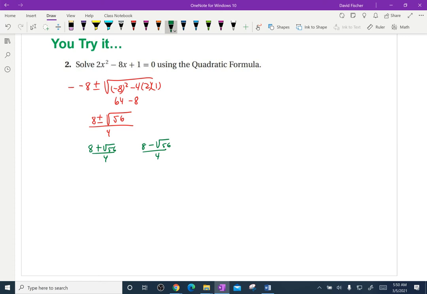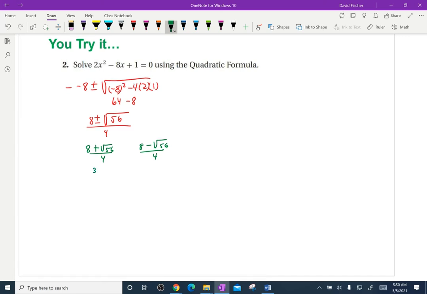Done, I got a 3.87. Now I'm getting 0.2, or excuse me, 0.13. I want to do that first one again because I didn't know if I used 56 or 54.